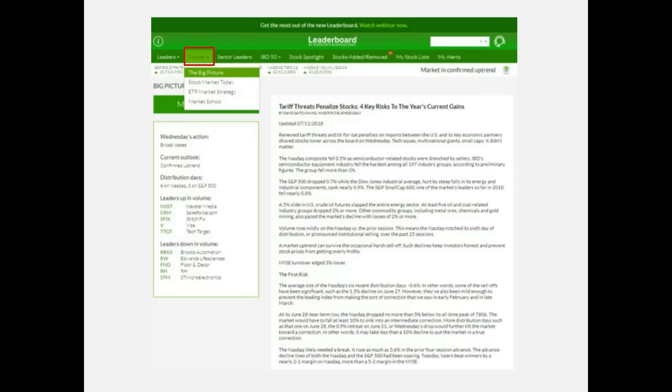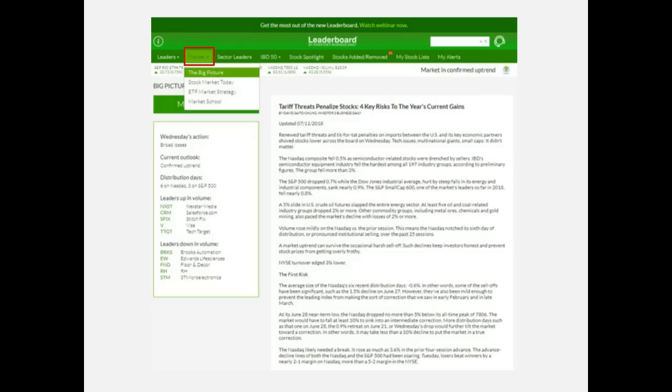I mean, we're really trying to first and foremost understand the market trend and let you know where we are in it, and whether we're in a confirmed uptrend, the uptrend's under pressure, or we're in a correction, and then act on it. We like to say the last letter in CAN-SLIM is market, but it's really the most important and the place that you should start when you're analyzing things.